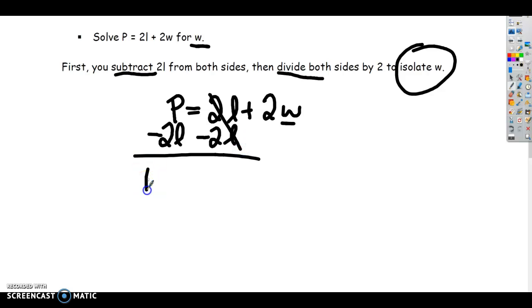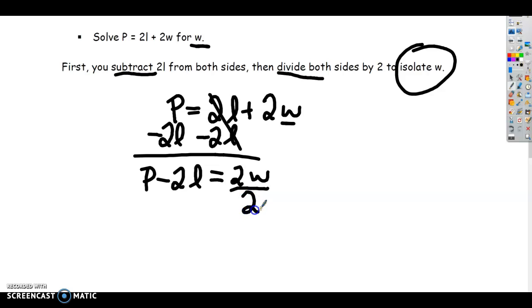Here it cancels. P minus 2L equals 2W is still left over on the right side. Now you're going to divide both sides by 2. We're dividing by 2 because we're trying to get W by itself.